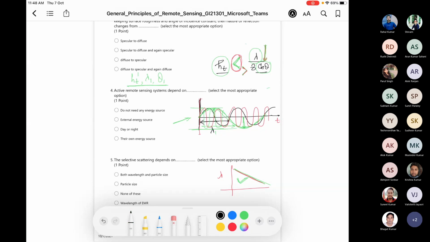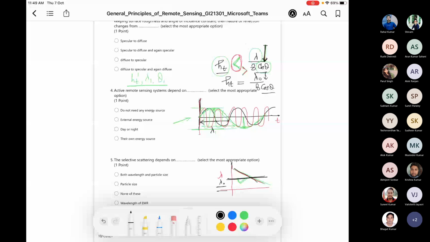Okay. So if you keep on decreasing this wavelength lambda, there is a wavelength value, we can say it is lambda naught, at which HT is equal to lambda naught by 8 cos theta.